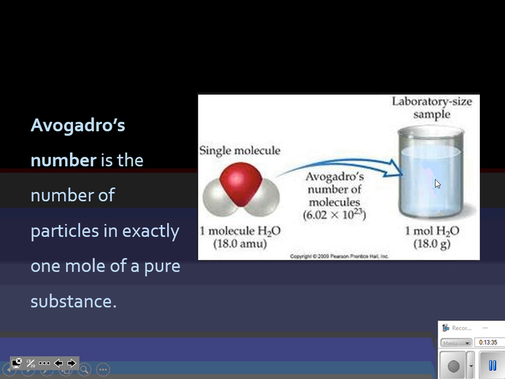So 1 mole of water here sitting in this beaker, 18 grams of it. Geez, wonder how many molecules are in there. I'll bet Avogadro's number. So in this beaker, we have 6.022 times 10 to the 23rd molecules of water. That is 1 mole, ladies and gentlemen.